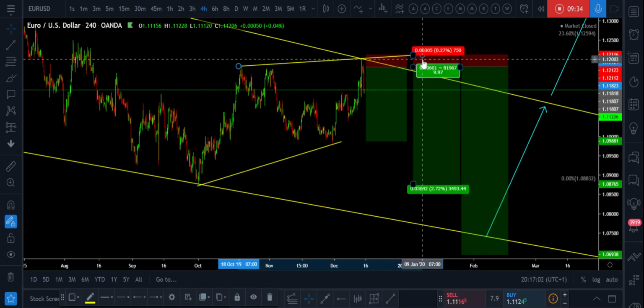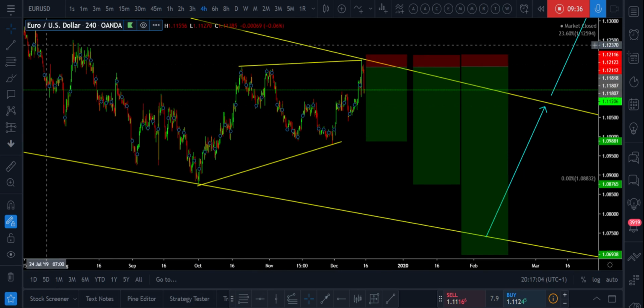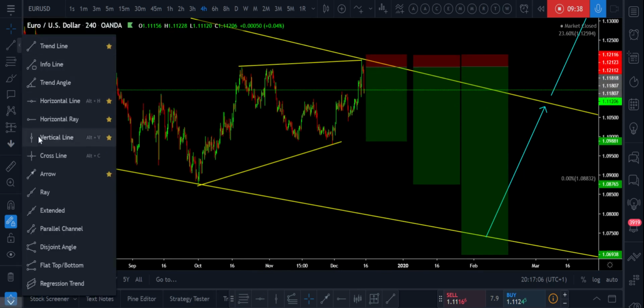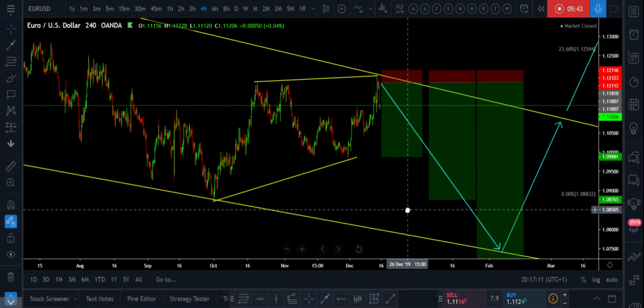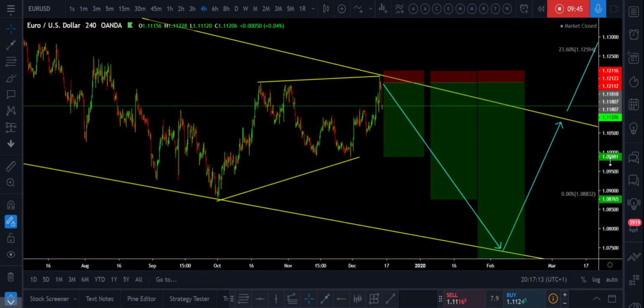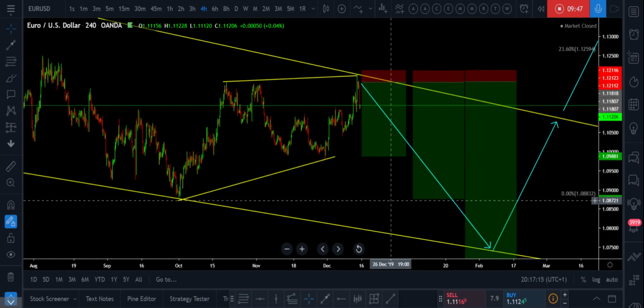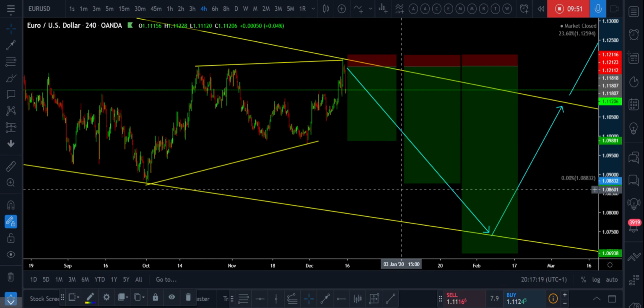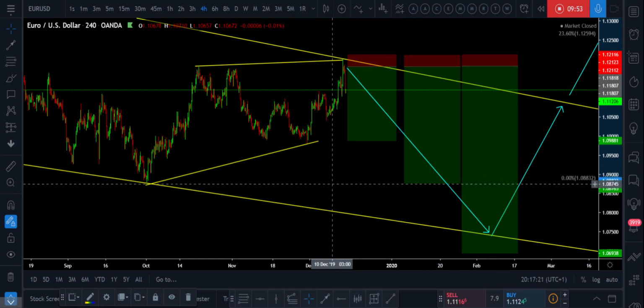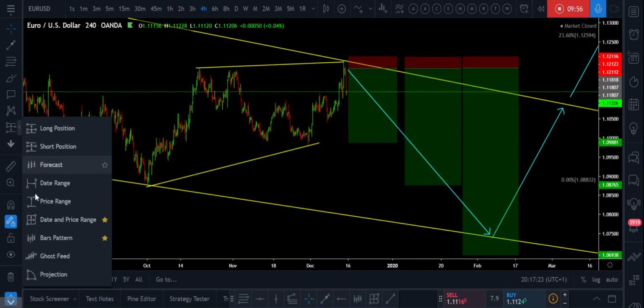We believe that this is a simple ABC move, and rather than more push up, we're going to have a very nice leg to the downside. This opportunity can take some time before you become profitable. It is not going to complete in hours.